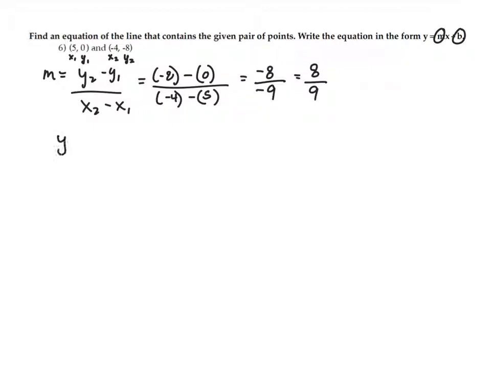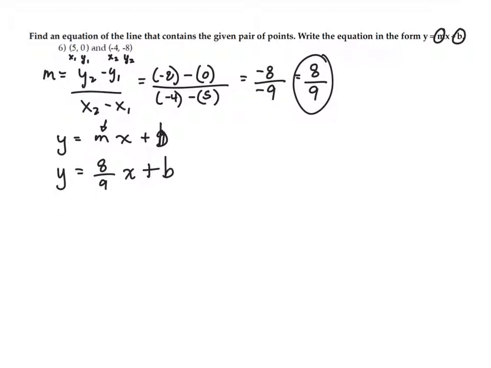Now I'm quite excited because if I have my equation like this, I know what the slope is. I can plug that in right where the m is. So really I have y equals 8/9 x plus b. This should be a b here. But I don't know what b is. That's another thing I've got to figure out.